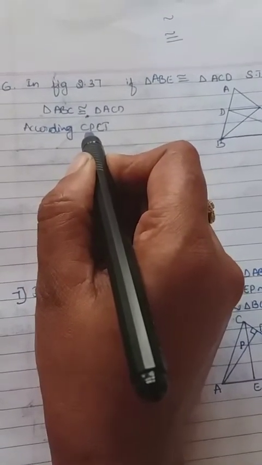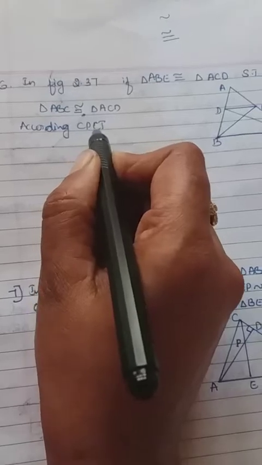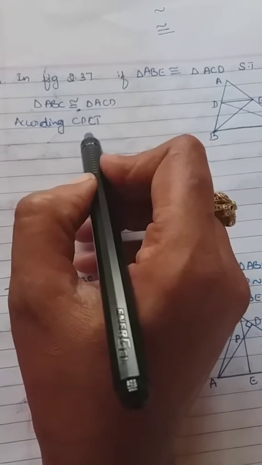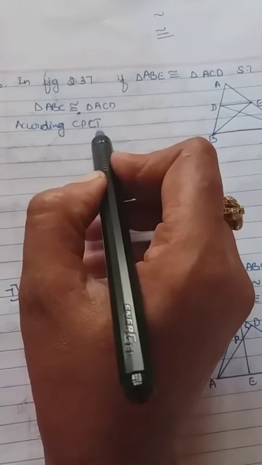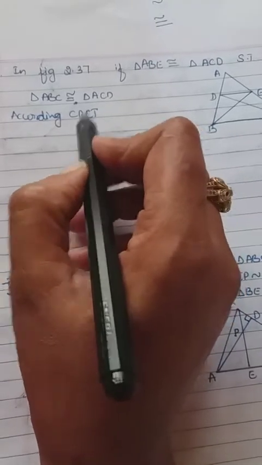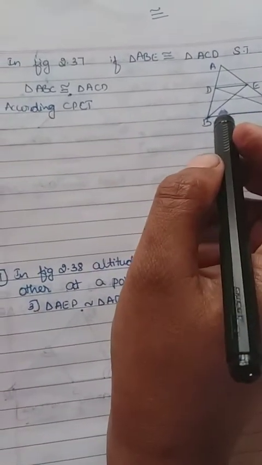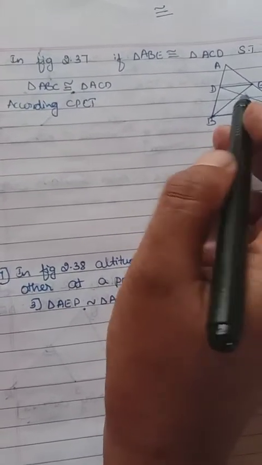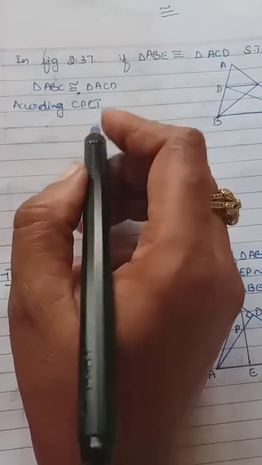You learned it in the 9th standard also. If two triangles are congruent, then their corresponding parts are equal, whether it is an angle or a side. So which are those corresponding parts?